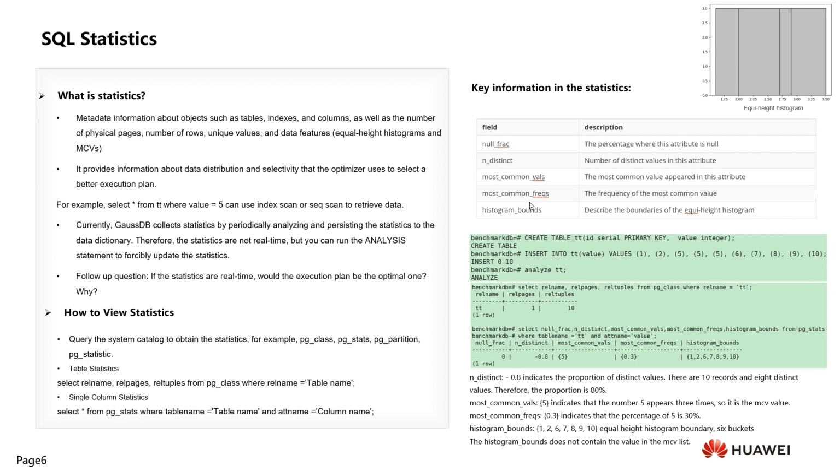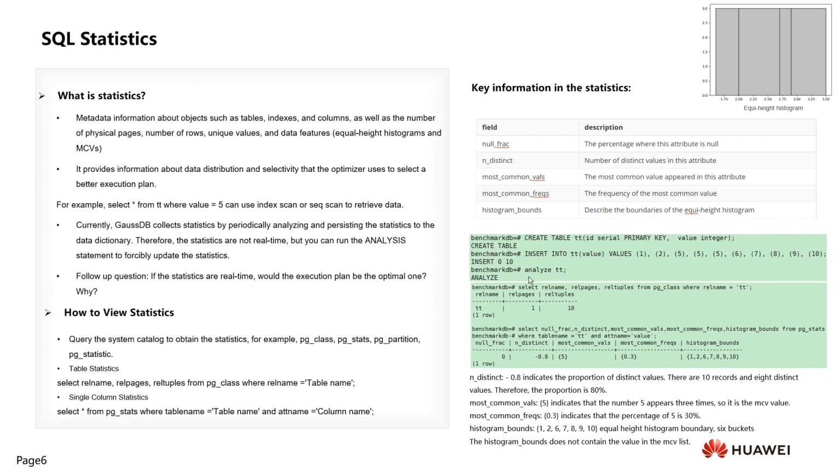For instance, null_frac denotes the percentage where this attribute is null, and n_distinct denotes the number of distinct values in this attribute. Most_common_vals and most_common_freqs determine the most common values appearing in this attribute and their frequencies. And histogram_bounds describes the boundaries of the equal height histogram.